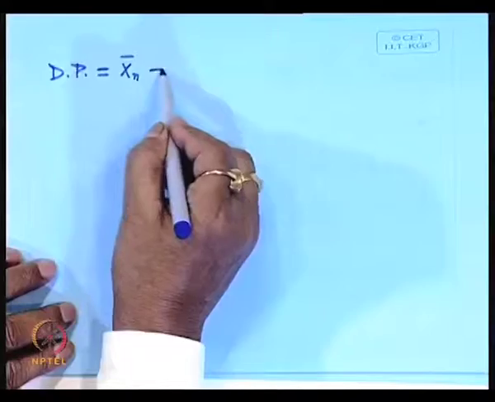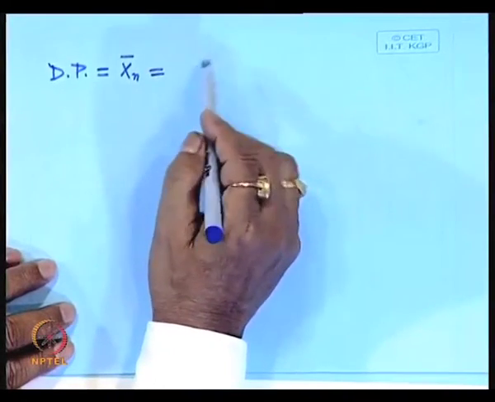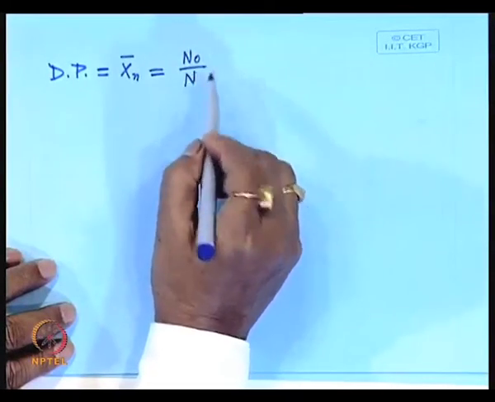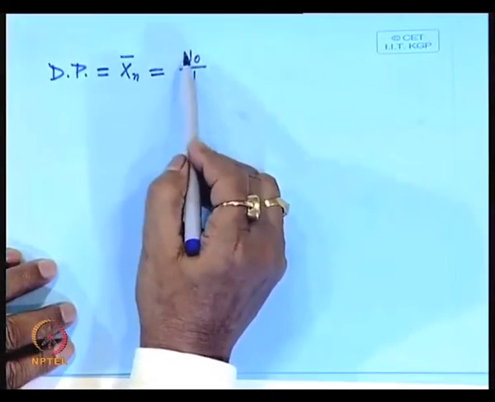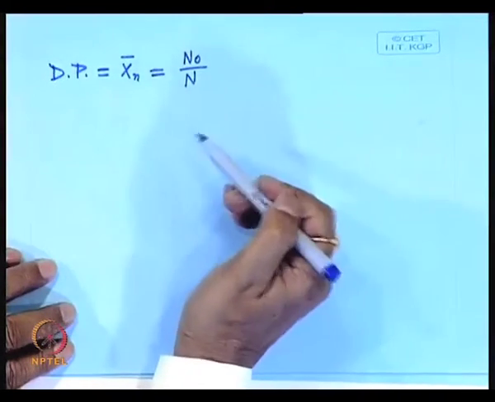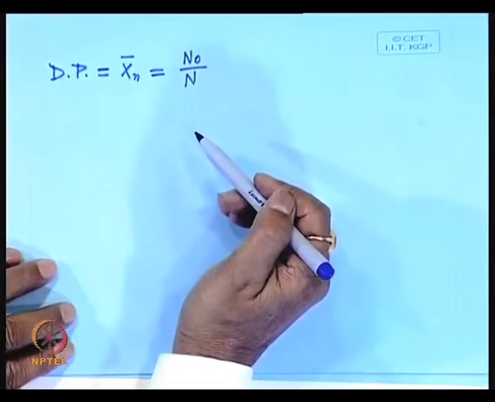That is why you have to express the molecular mass or molecular weight as an average, might be number average based on number count, or weight average based on weight count. All right, we will discuss later in detail. So, the number average, designated by xn bar, is equal to n0 by n, the number of molecules initially present divided by the number of molecules present at any time during the growth of polymer molecules during polymerization.